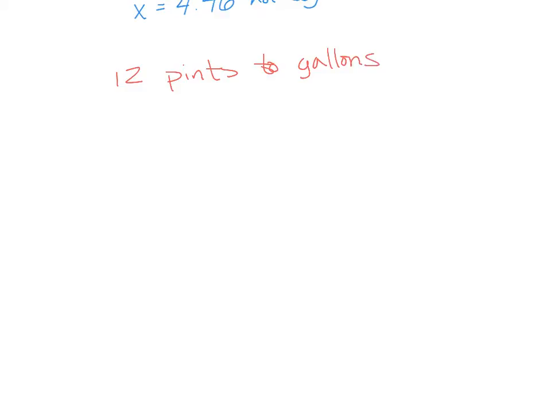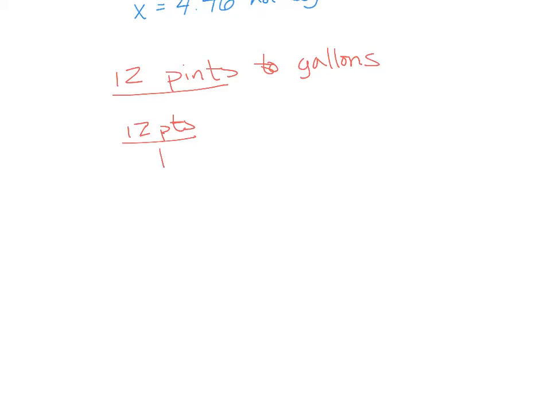All right, and what I always do is I always put what they give you over 1. So this is the given, so you put 12 pints, and you actually do need the unit with it, so 12 pints over 1, and then you are trying to get to gallons.